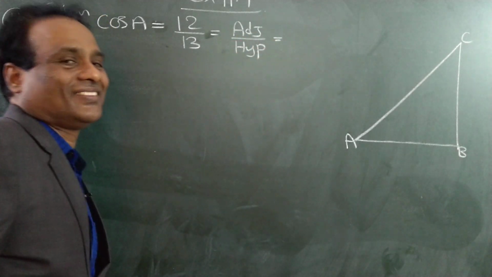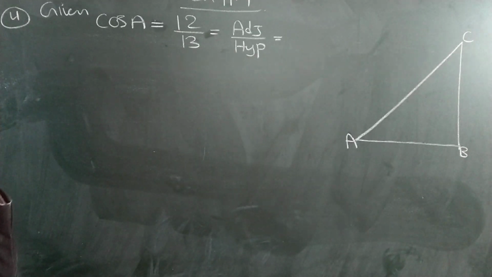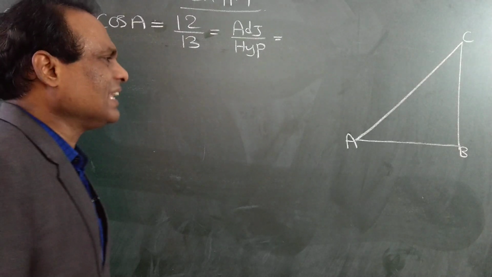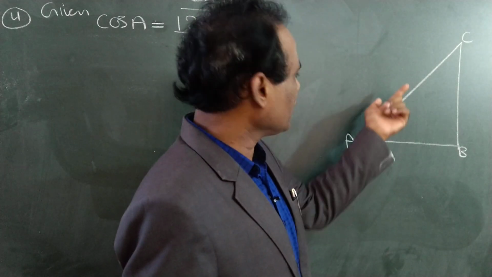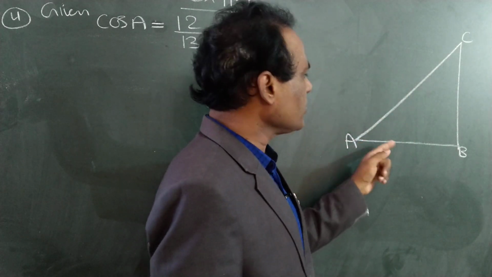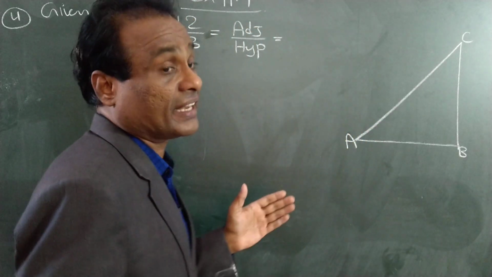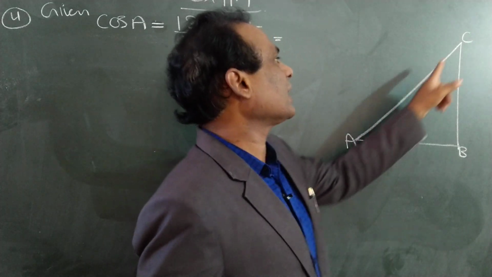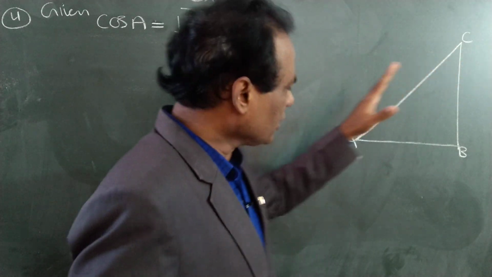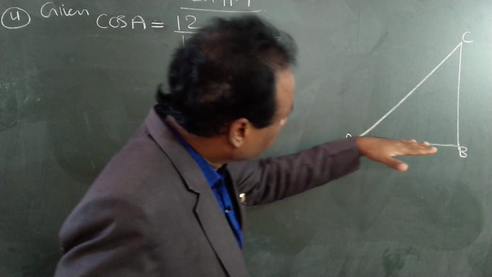Generally there is no confusion, but adjacent means adjacent to which angle? Most of the time we take this angle, but in some rare cases we take the other angle also. So to avoid the confusion, instead of writing adjacent, I will write the full side name.